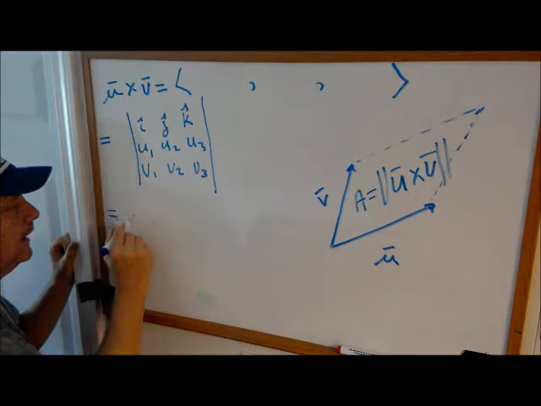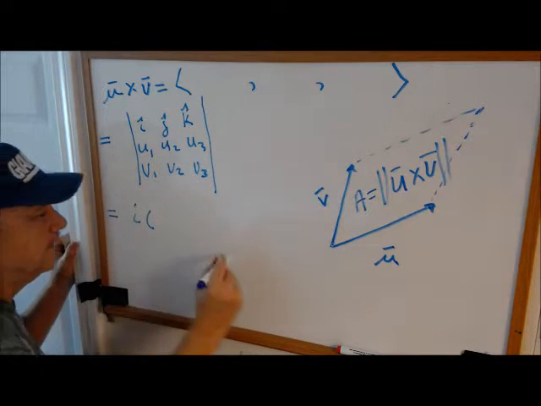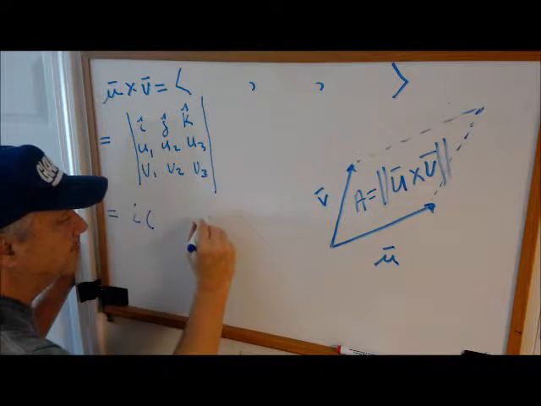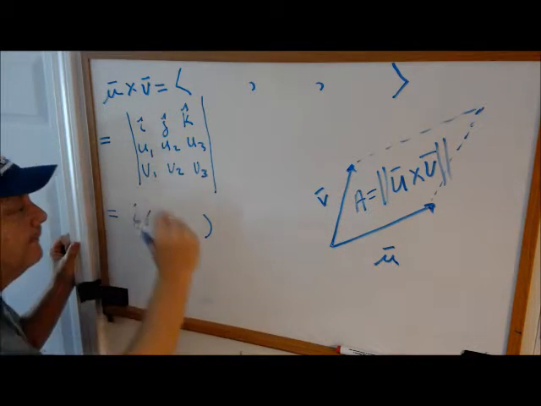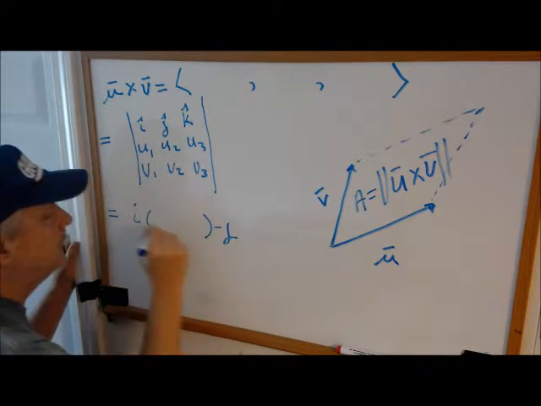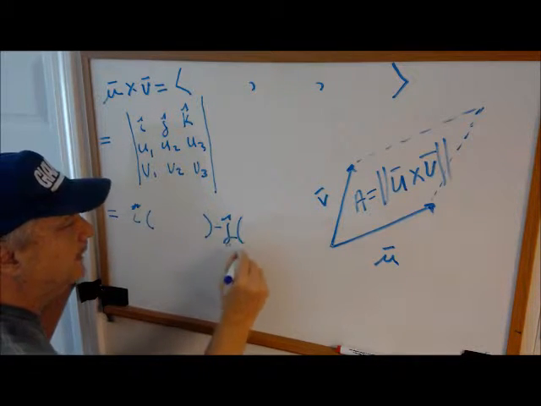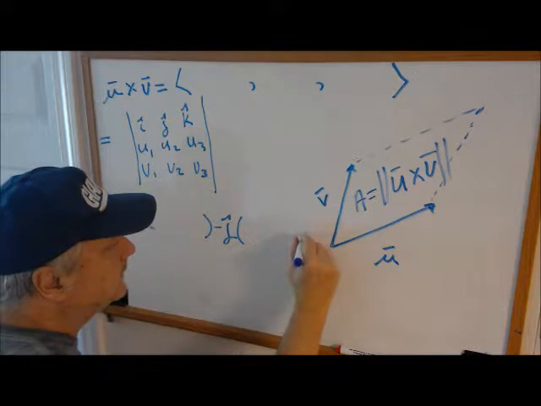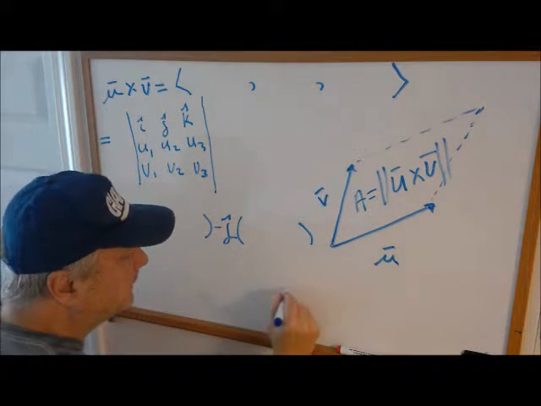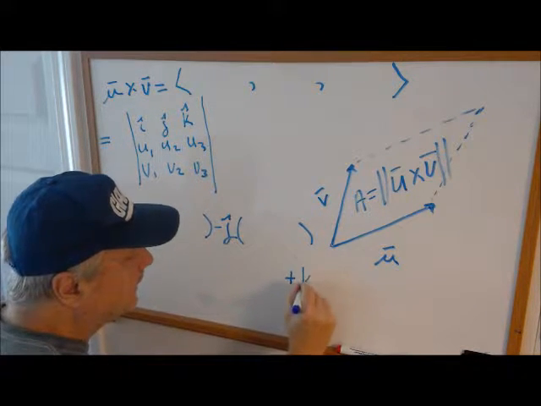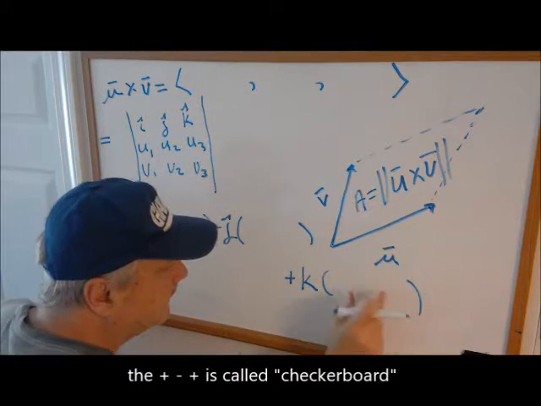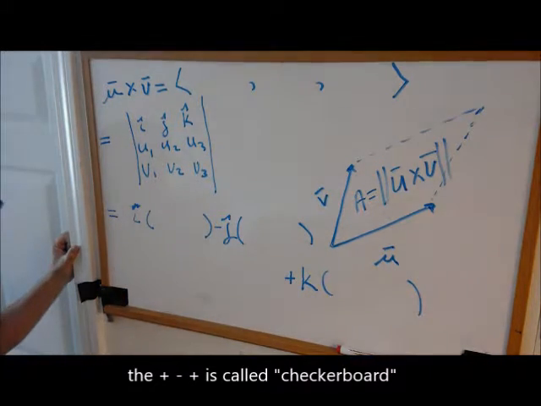So we write i, and then we have some information here. And then we write minus j, this is a vector, right? A unit vector. And we have some information here. And then we write plus k, and we have some values here.